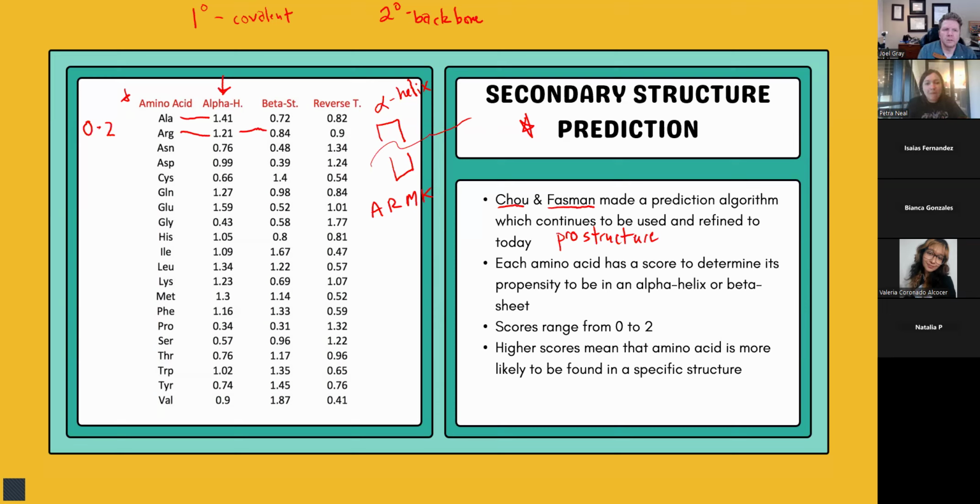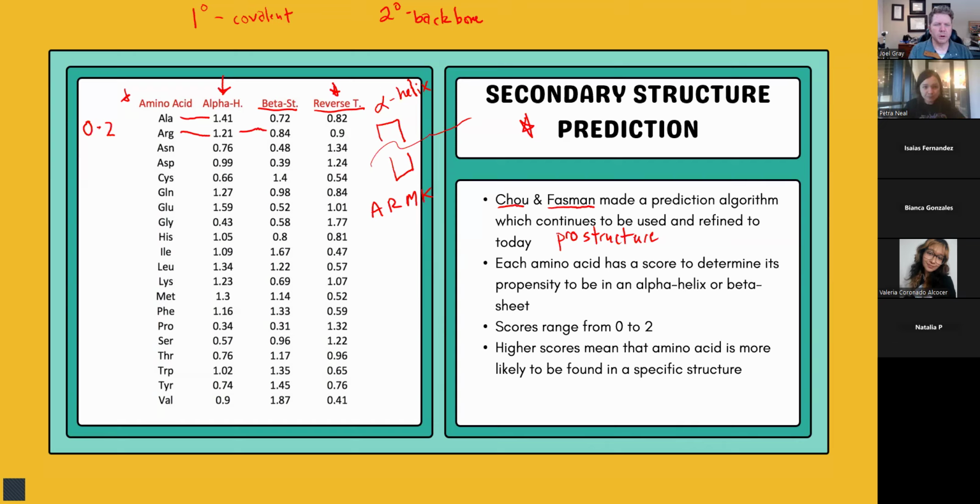There's also a beta strand or a reverse turn. I want to mention this reverse turn, because this is also a secondary structure. It's maybe not as commonly discussed and not as significant as an alpha helix or a beta strand.